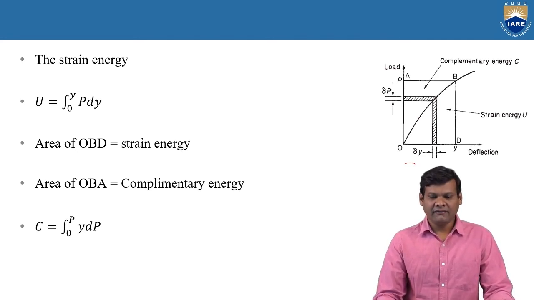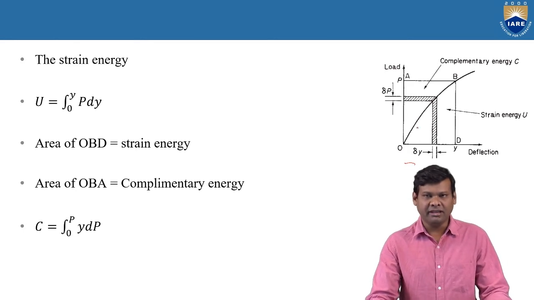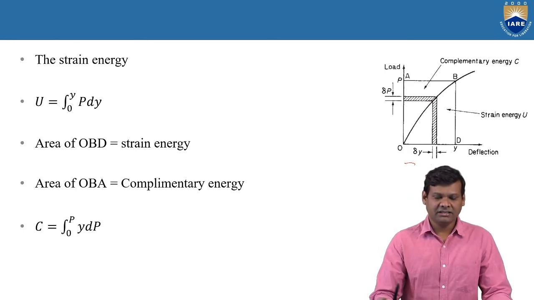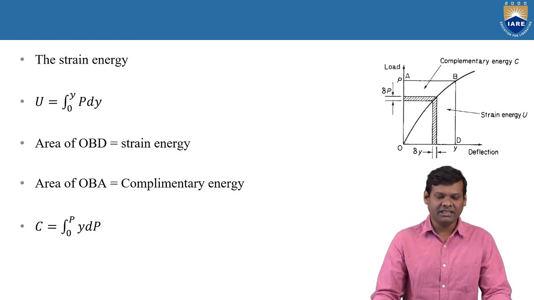Finally, when you look into the curve, the area OBD gives the strain energy, and the area OBA gives the complementary energy.